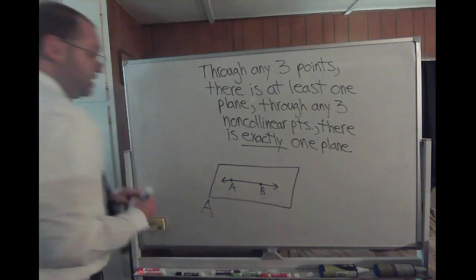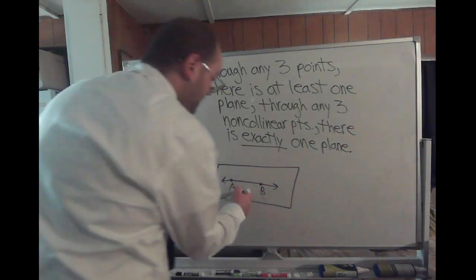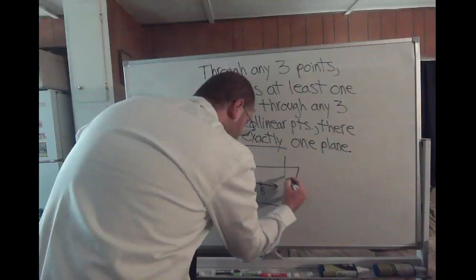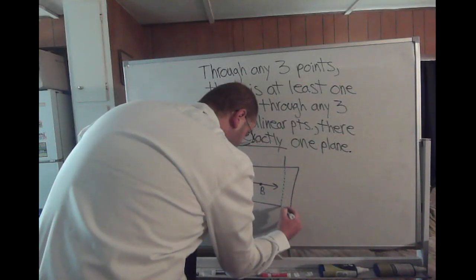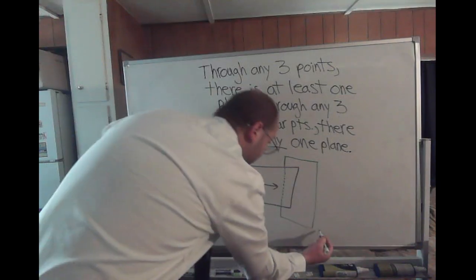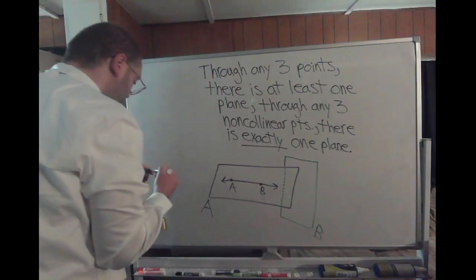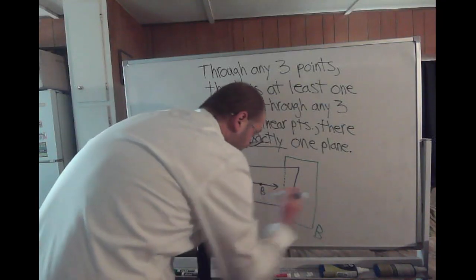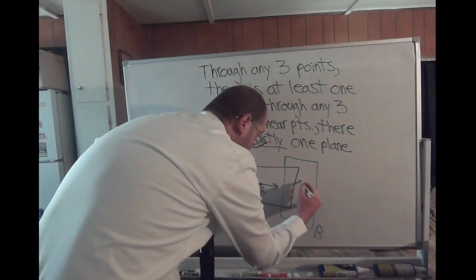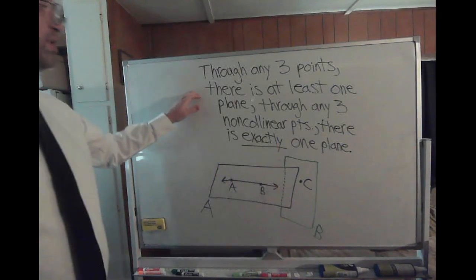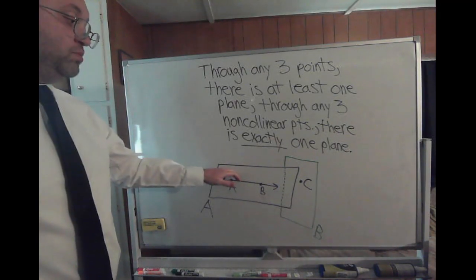Now, granted, I have a plane here with line AB, but what if here in plane B, I decide I'm going to put point C. Now we have a separate plane, we have point C. This just states through any 3 points there is at least one plane.